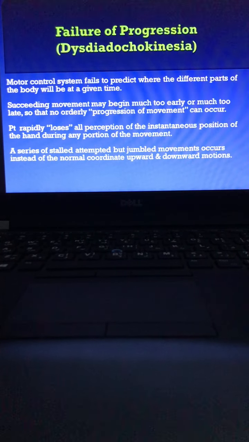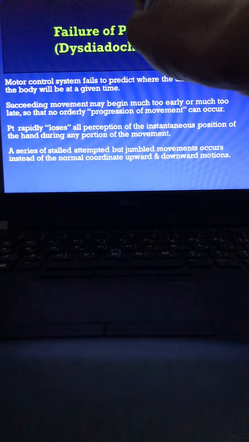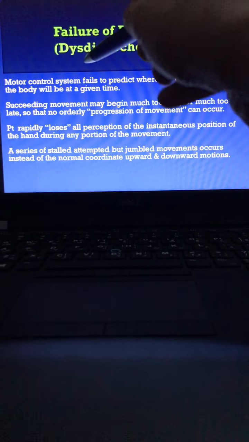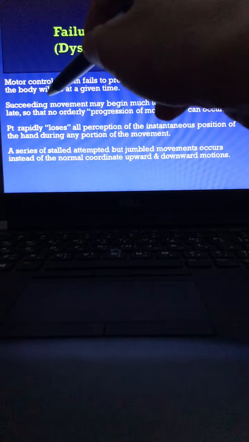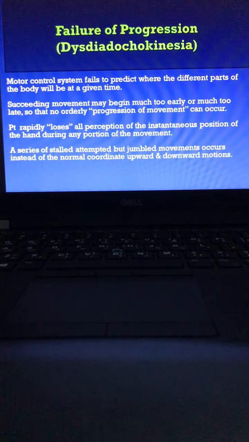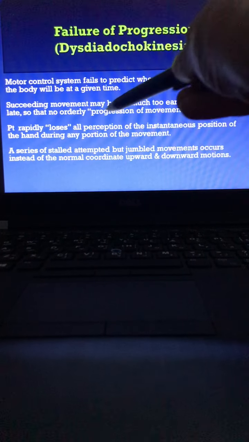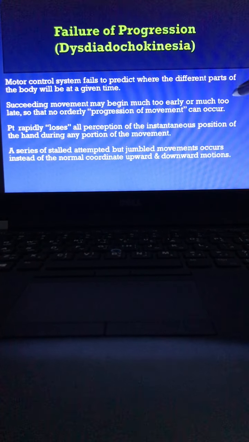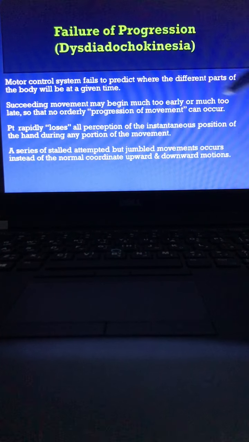Failure of progression we call dysdiadochokinesia. The motor control system fails to predict where the different parts of the body will be at a given time. The motor system cannot determine where the parts of the body will be at a given moment, in supination, pronation, flexion, extension. Succeeding movements may begin much too early or too late so that no orderly progression of movements can occur.